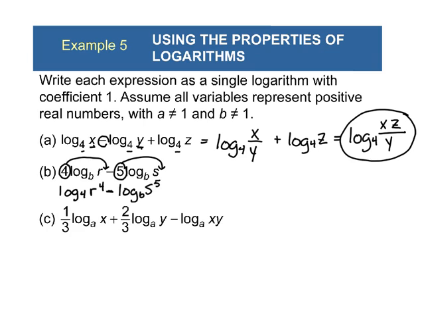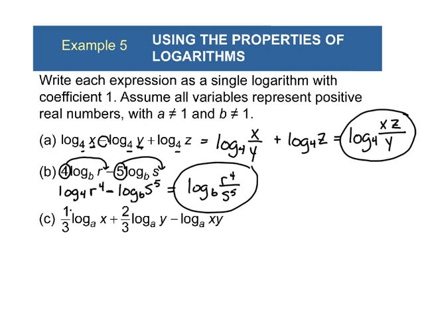Since these two logarithms are being subtracted, the two things inside are divided. So log base b of r to the 4th over s to the 5th. And we're done.